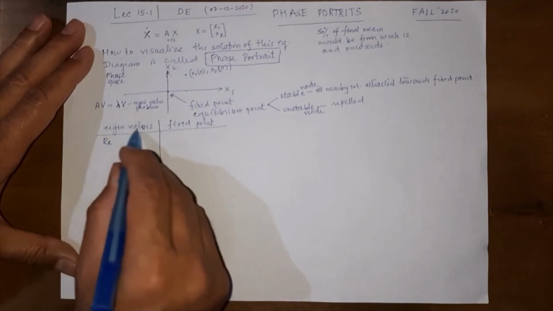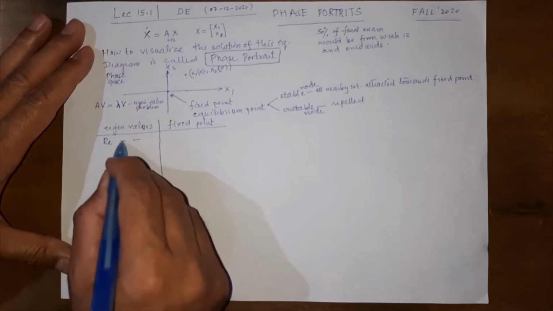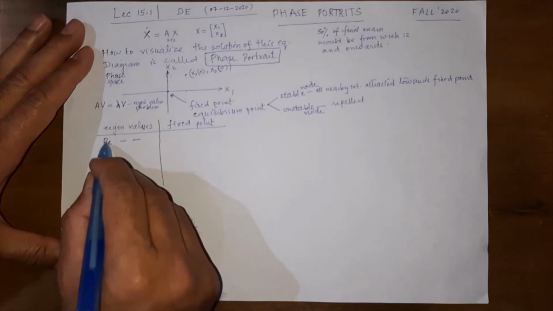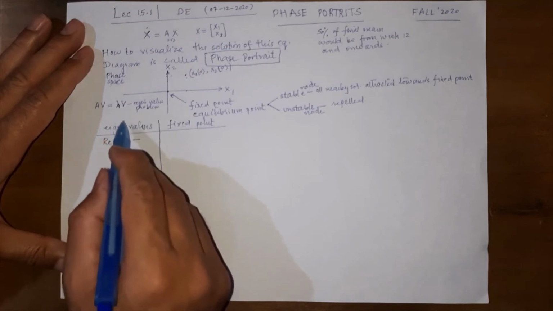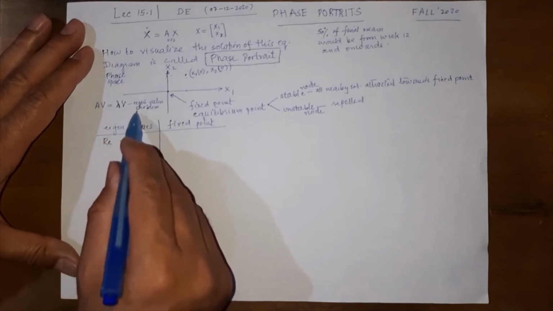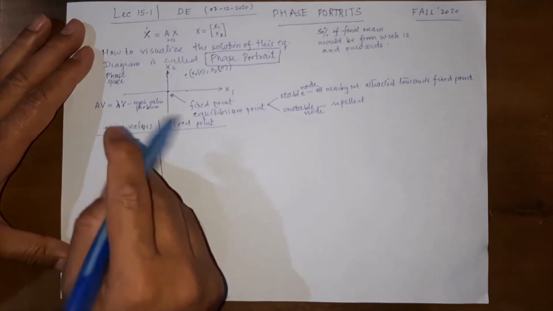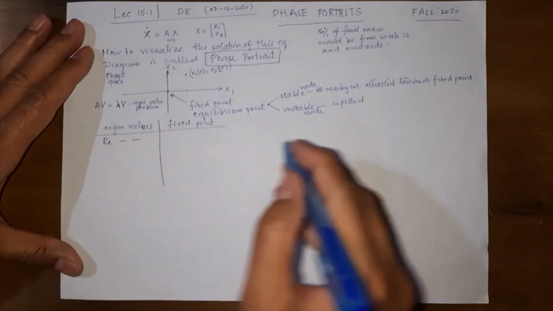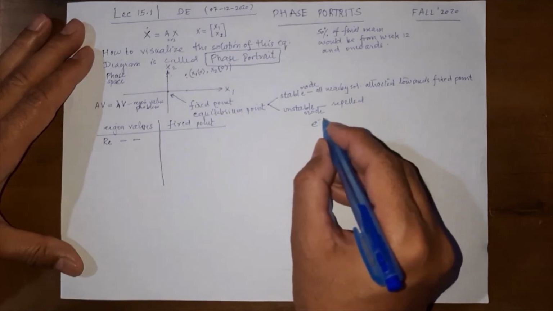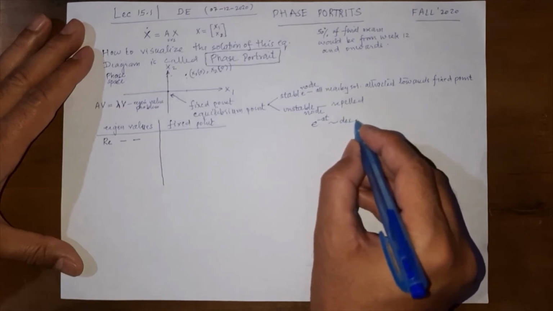If the two eigenvalues are real and both are negative, then the solution contains e raised to the power negative something t. Both parts of the solution are going to have negative exponents, and a negative exponent, e to the minus at, is something that is decaying.